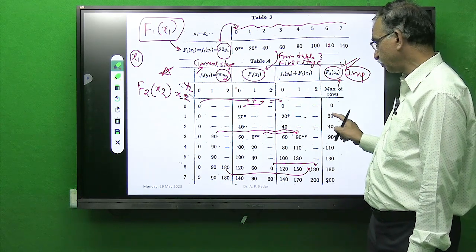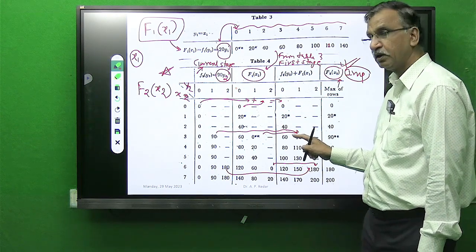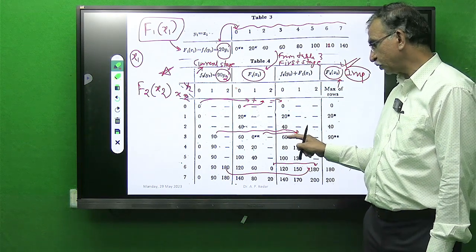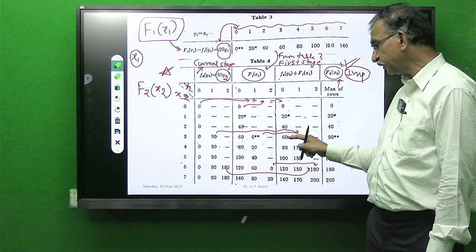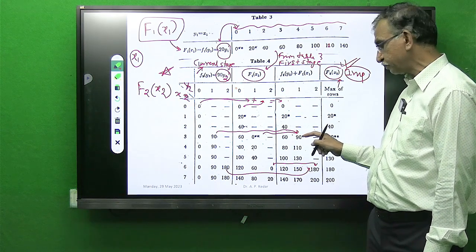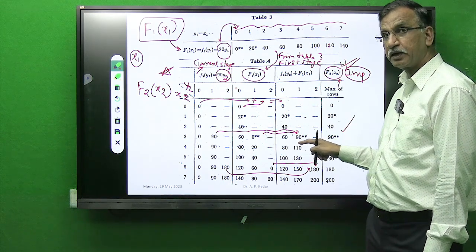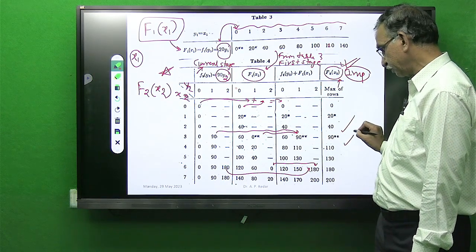Here only one value 20, here only one value 40. Now see here, this is very important. In the third row, I am getting 60 and 90. Amongst 60 and 90, 90 is maximum and therefore 90 is selected. Similarly, amongst 80 and 110, 110 is maximum.